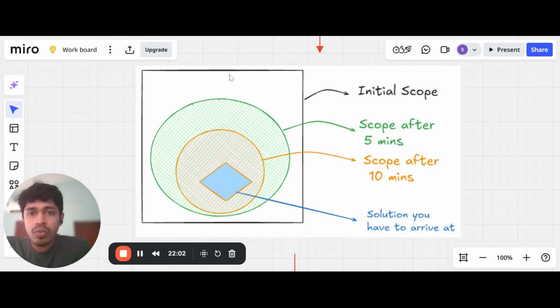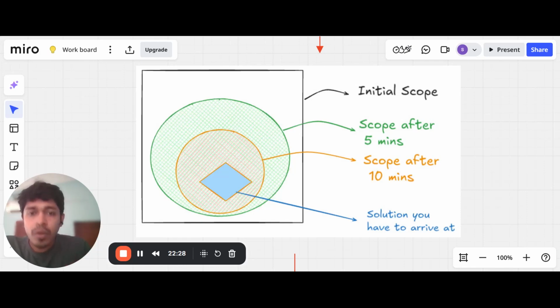So how do you get from this black square to this blue square, right? How do you do that? It's basically spending 5 or 10 minutes to reduce this whole area itself. And that is the idea of scope. After asking a few questions, after 5 minutes, you will know that, okay, this green circle is where I should focus on.